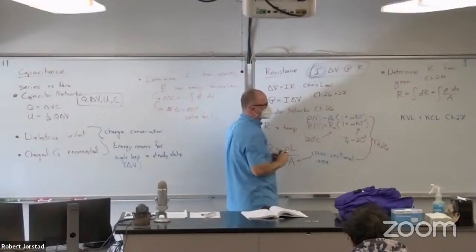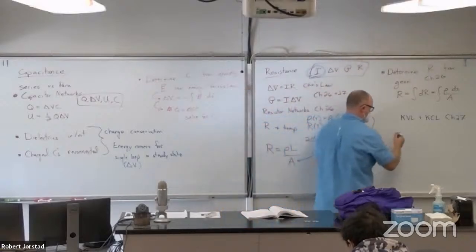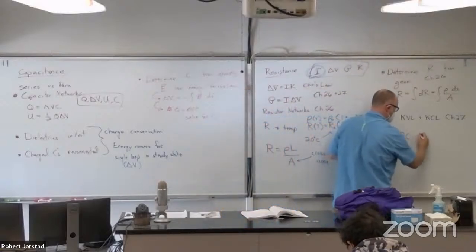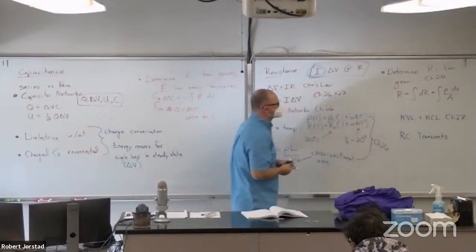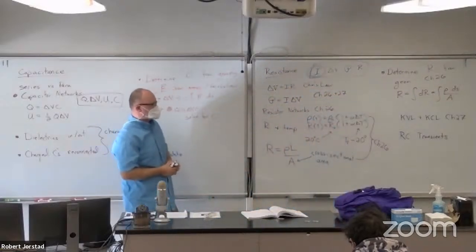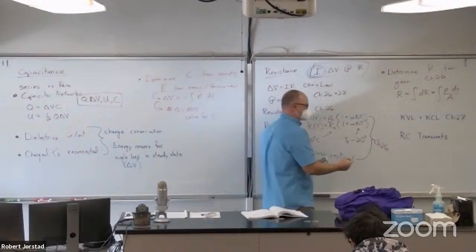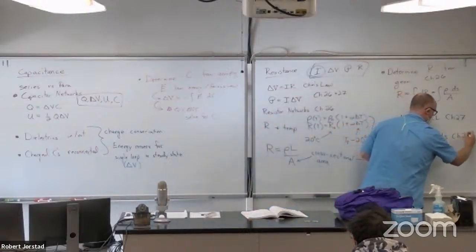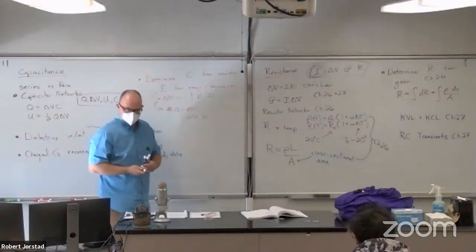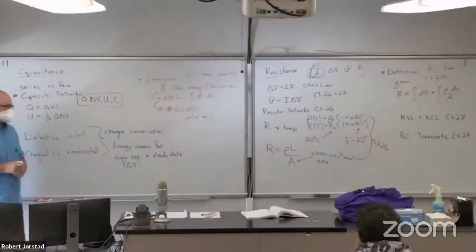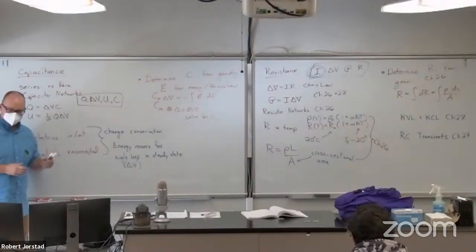And then another thing that we're going to learn are called RC transients. The idea here is, and this is also chapter 27. Some of this stuff is where we're going. Some of this stuff we've already done, but it's kind of all one big package. And that's why I wanted to have both boards here and show it all on there.